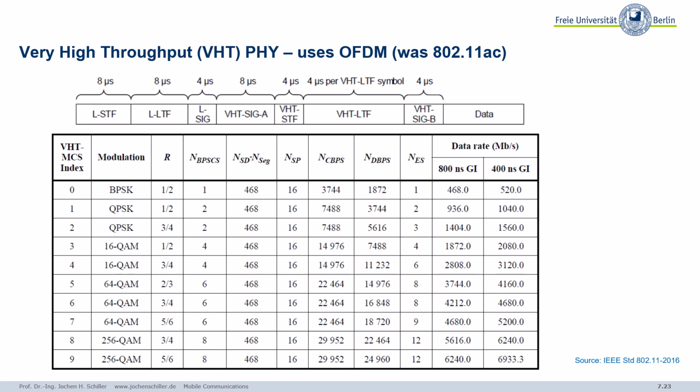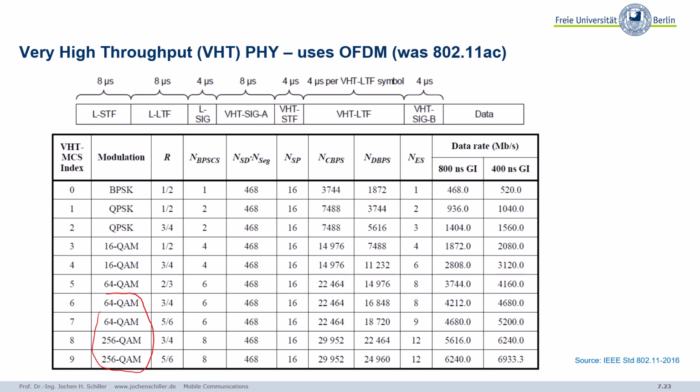Now you see what the difference is. One of the differences is modulation. You see here modulation of 64 and 256 quadrature amplitude modulation. So you go to more complex modulation schemes. That's one thing. Depending on the noise, the coding ratio is different.